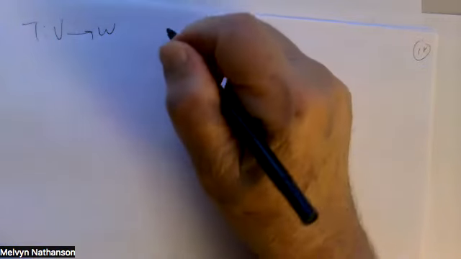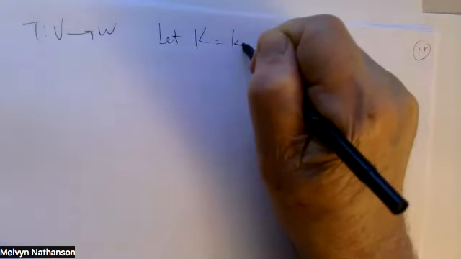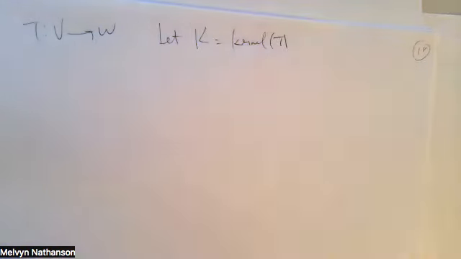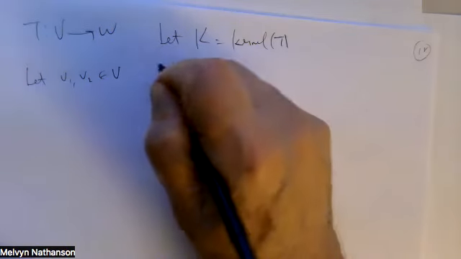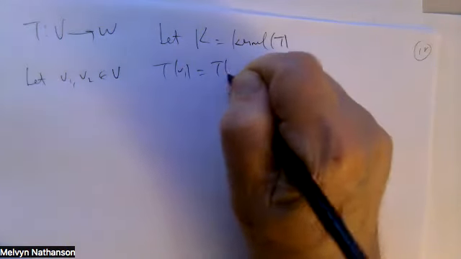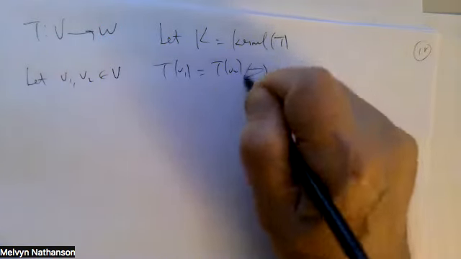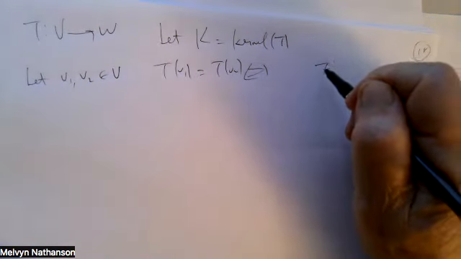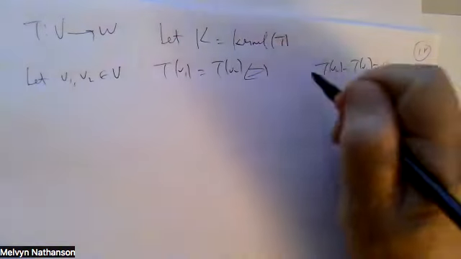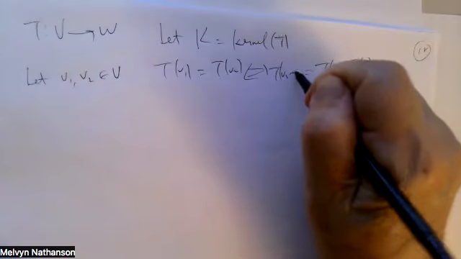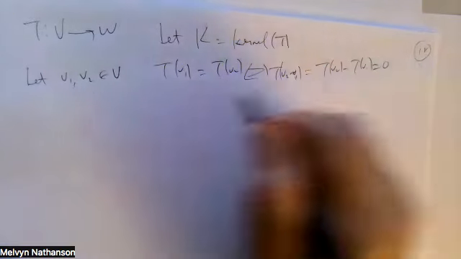Suppose T from V to W is a linear transformation. And suppose we let K be the kernel of T. So let v1 and v2 be in V. So T of v1 equals T of v2 if and only if T of v2 minus T of v1 is 0, which is the same as saying v2 minus v1 gets mapped to 0.